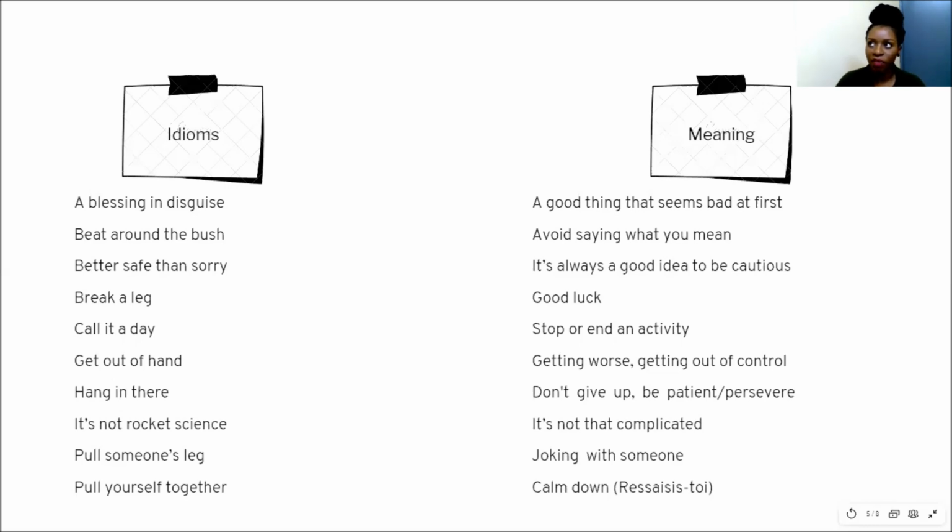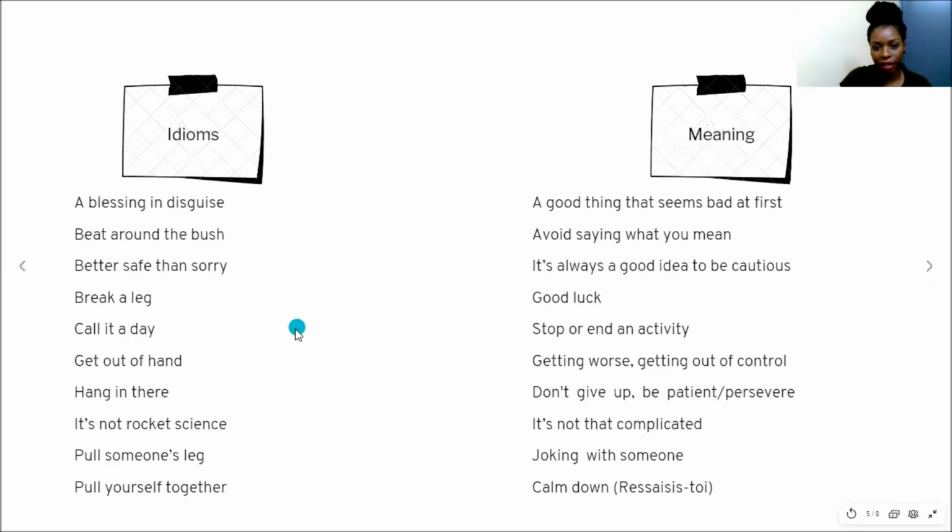And better safe than sorry is this idea that it's always better to be cautious, to double check, to take your precautions, than to deal with the consequences of not doing that. I think there's an equivalent in French as well. Right now I'm forgetting what it is, but mieux vaut prévenir que guérir. Voilà. But if you translate it directly, it wouldn't be the same thing.